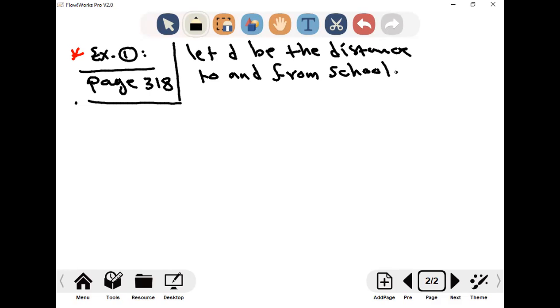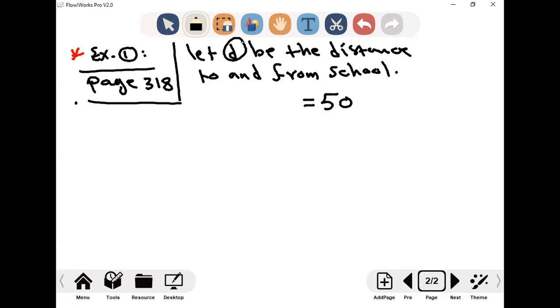In 5 days, how many days? 5 days. In 5 days, the total of the distance is how much? After the equal, check. In each day, where does she go? She goes and back from the school. What do we call it?